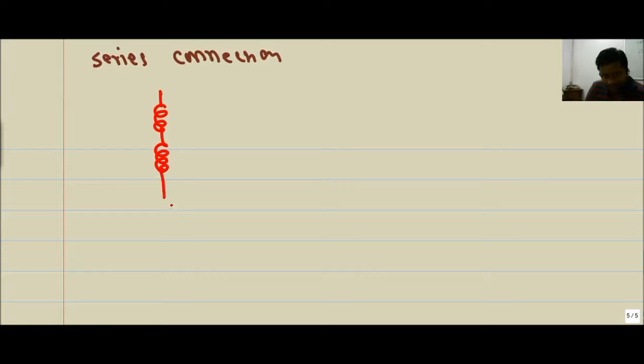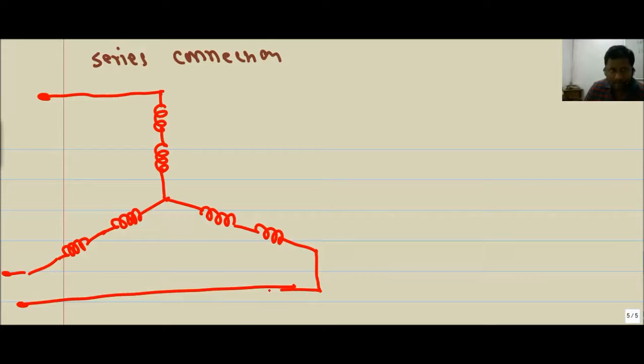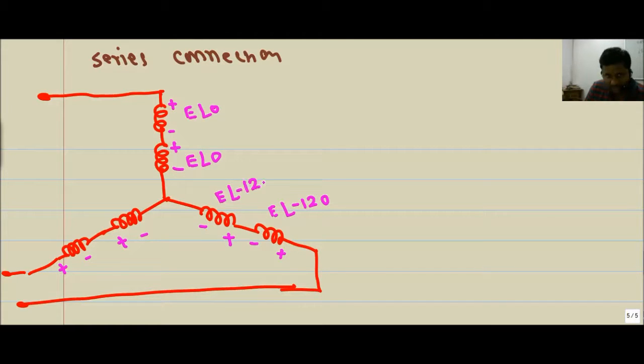This is for phase A. Similarly, this is for phase B, and this is for phase C. This is plus minus, plus minus, and so on, with E angle 0, E angle 0, E angle minus 120, E angle minus 120, E angle minus 240, E angle minus 240.